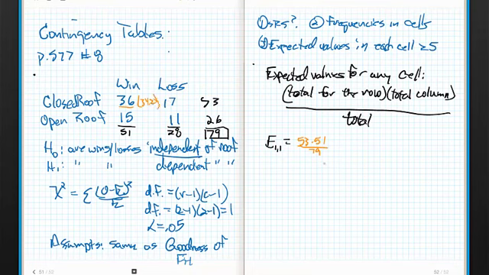34.22. Now you may say, wait, why is that the expected value? Well, think about that for just a sec. Basically, I could either use 53 or 51, it doesn't matter. If I do 53 out of 79, that's the percentage that this row occupies in terms of the total.